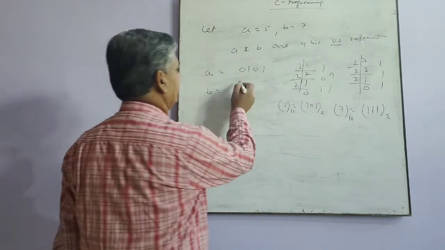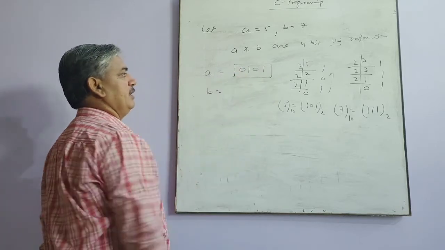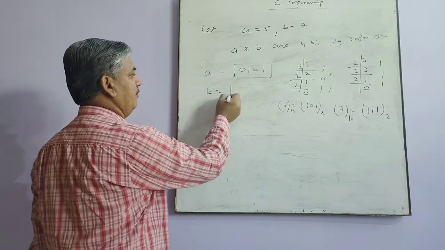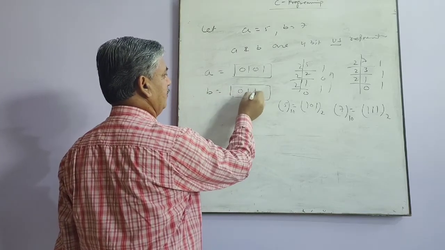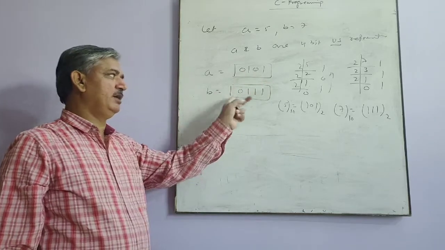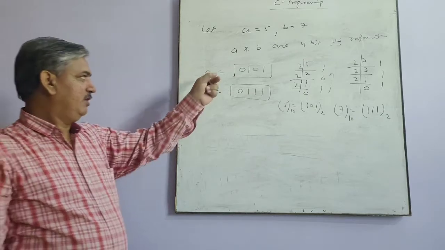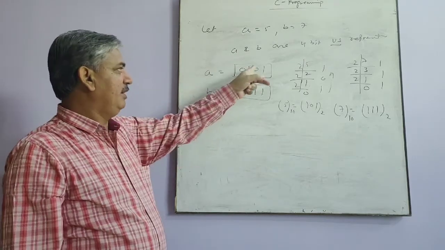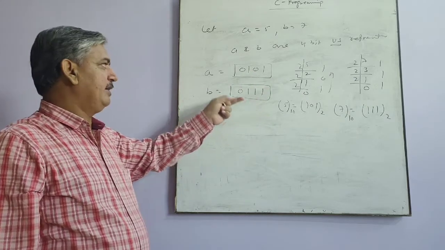So 4-bit unsigned of A is what? 0 1 0 1. And 4-bit B is 0 1 1 1. So before applying bitwise operation, first we have to convert A and B in bits. Okay? And then apply operation.